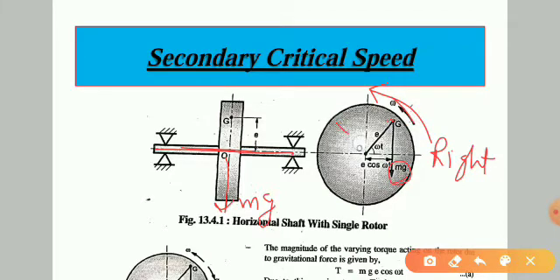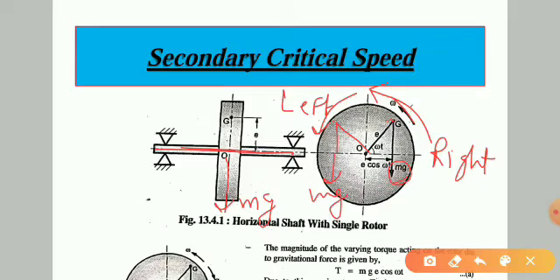But when G is on the left side, mg will accelerate the shaft.